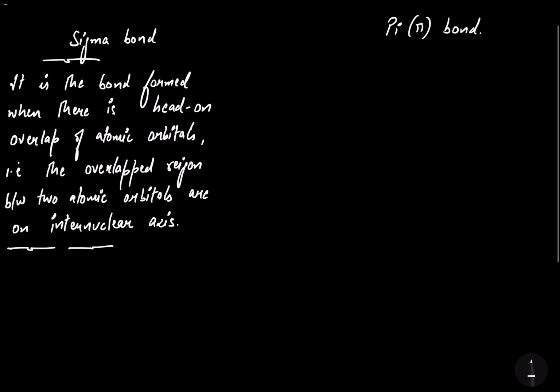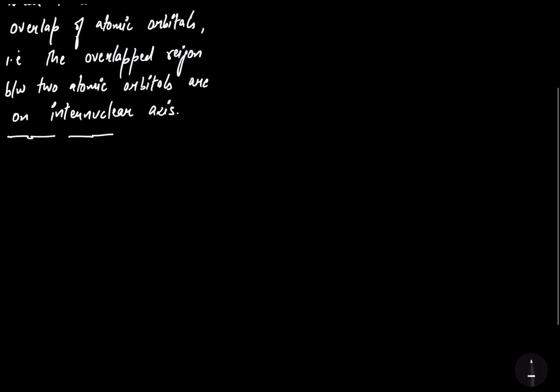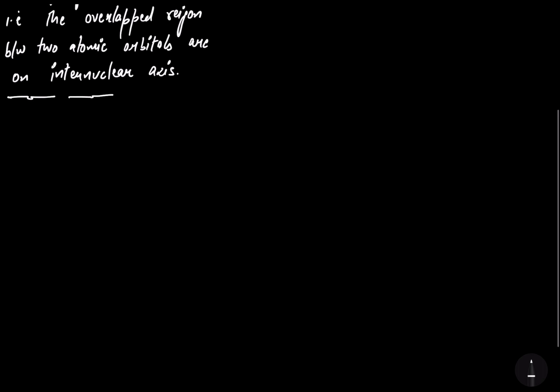The sigma bond has a symbol like this. This is the sigma bond. Now we are having three types of sigma bond. The first one is sigma s and s. This is the nucleus and this is the spherical s orbital.